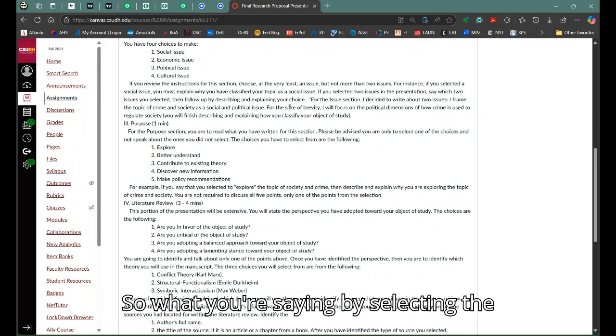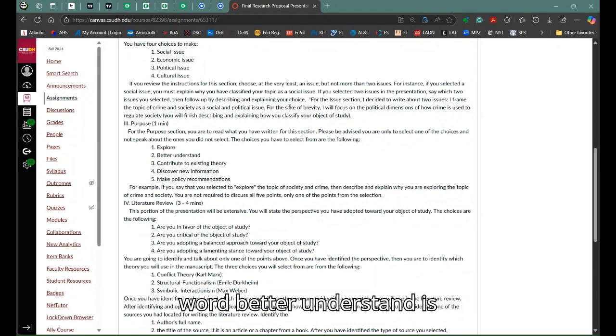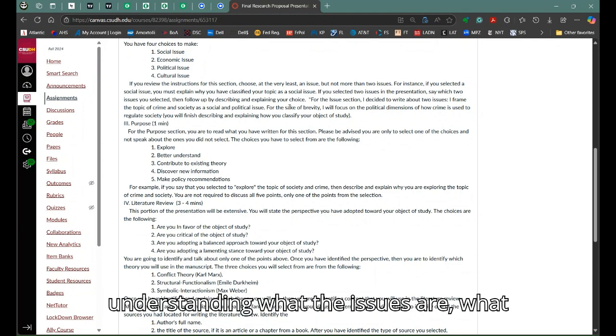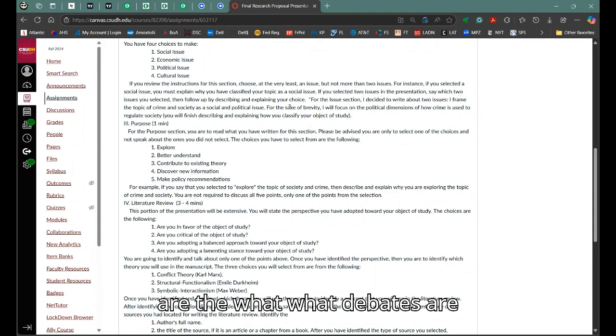By selecting better understand, you're saying you do have a basic understanding of what the issues are, what debates are involved, and who some of the contributors may be, but you want to understand it better, or involve yourself more in that discussion or debate about society, crime, and public policy.